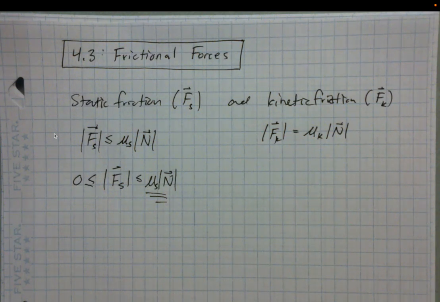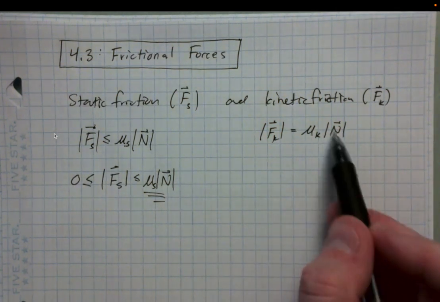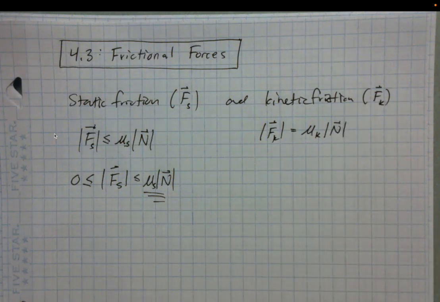Kinetic implies movement, and here specifically we've got two surfaces sliding together. You can see by the way this is set up that the magnitude of the kinetic friction force is going to increase as the weight of an object increases. So the heavier the object, given the same kinetic coefficient, the more friction it's going to generate.